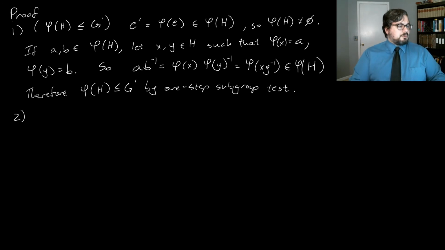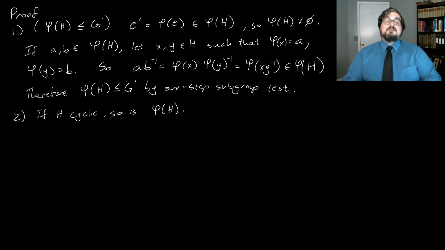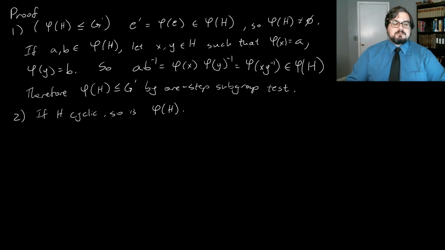All right, number 2, we wanted to say if H is cyclic, so is phi of H. I'll do the cyclic portion here. The abelian one is similar, and it's an exercise. So that's what we want to prove.